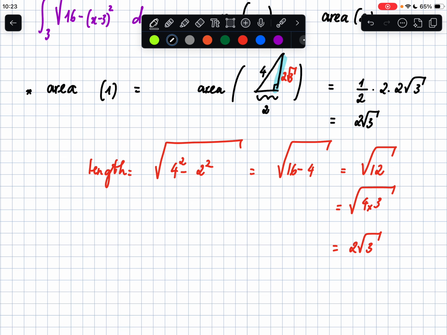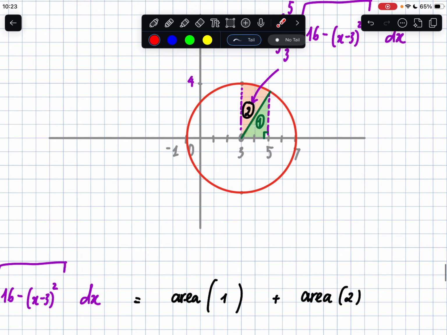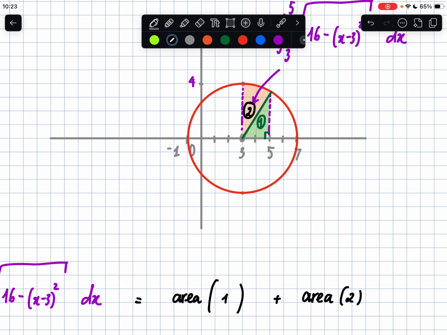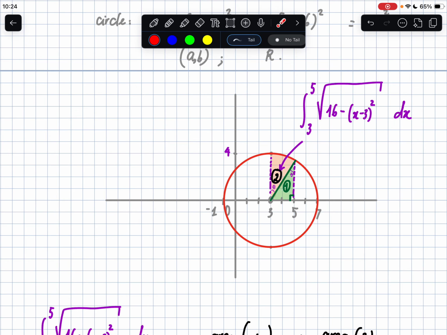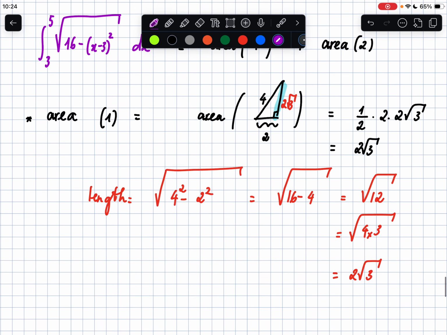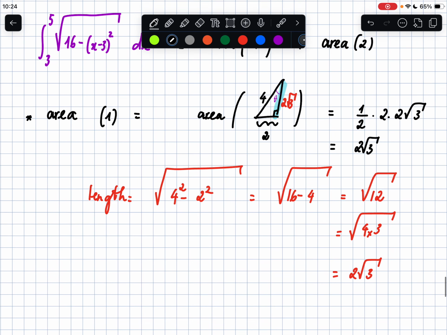Now let us compute the area of region 2. Region 2 is a circle sector. We need to compute this angle, which I call theta. Theta is also this angle here, because the two lines are parallel. Let's compute theta, using a trigonometric function.